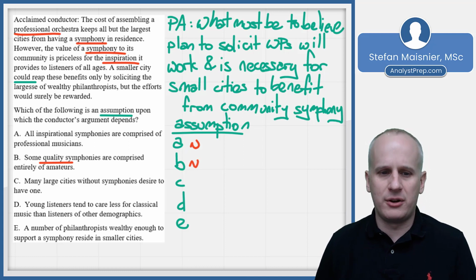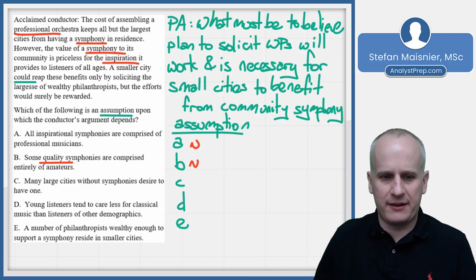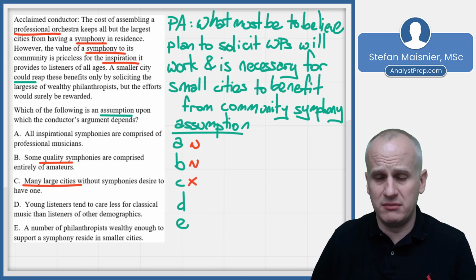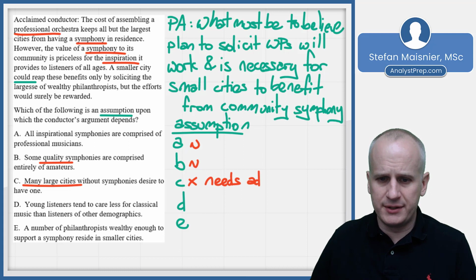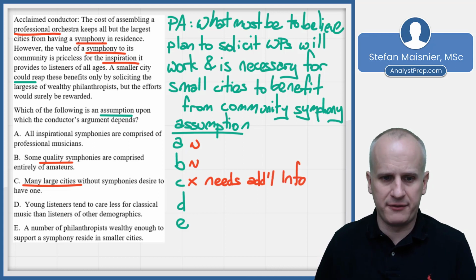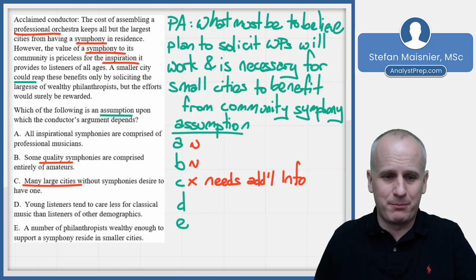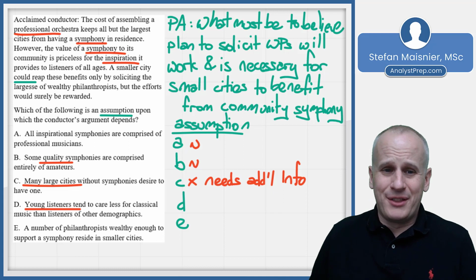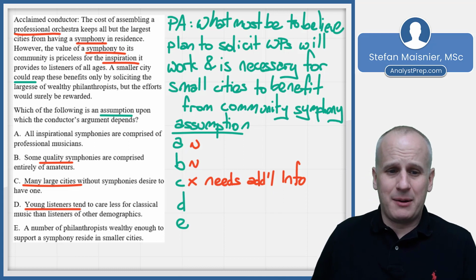Now, many large cities without symphonies desire to have one. Well, we're talking about small cities, and this has really nothing to do with our assumption. At the very best, this is going to need additional info because we don't know how that is going to impact our conclusion about the small cities benefiting. Now, young listeners tend to care less for classical music than listeners of other demographics. Well, while this is the kind of thing our brain may assume, there's nothing in the argument about young listeners.